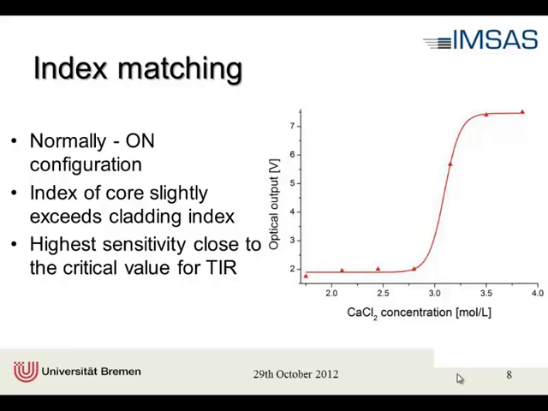And at a certain point, the index of the core solution exceeds the index of PDMS, and light starts to be guided through the waveguide, and the optical output increases. To obtain highest sensitivity, one has to choose a calcium chloride concentration, so a refractive index, right after this critical value. So we chose a value of 3.1 mole per liter calcium chloride.